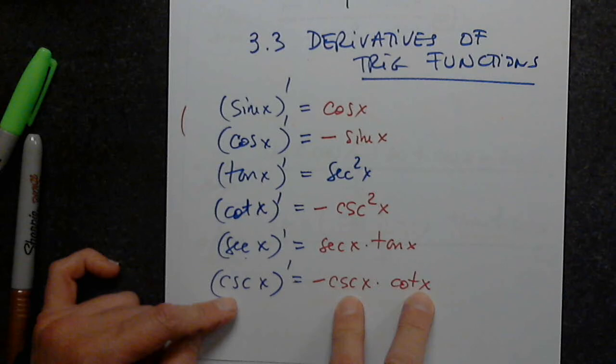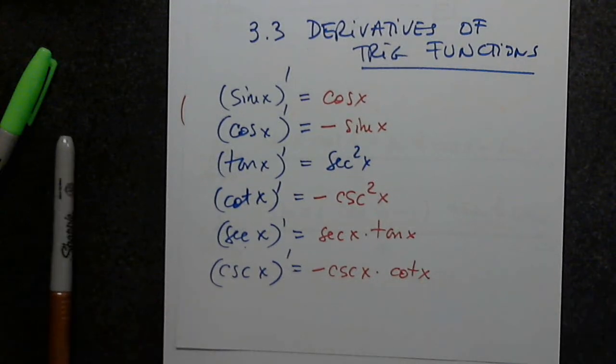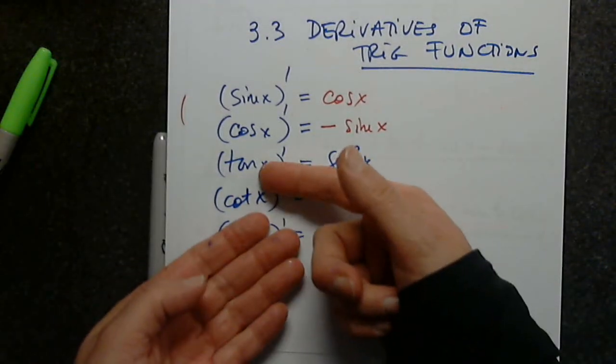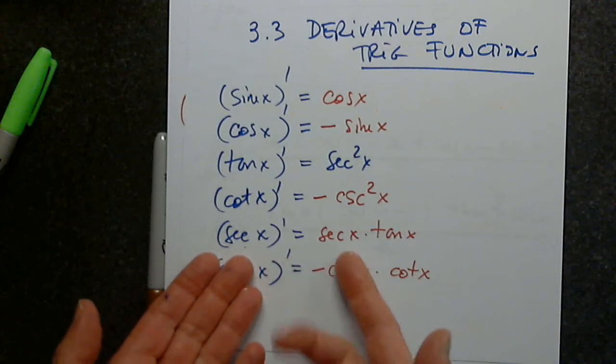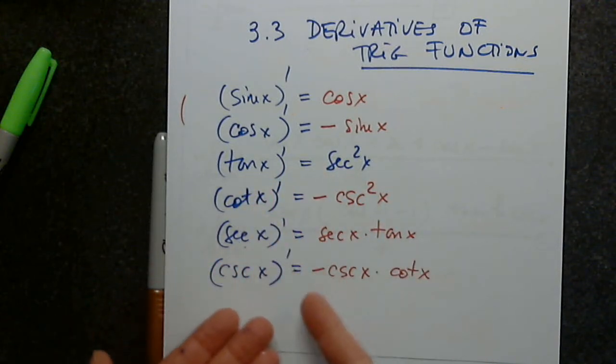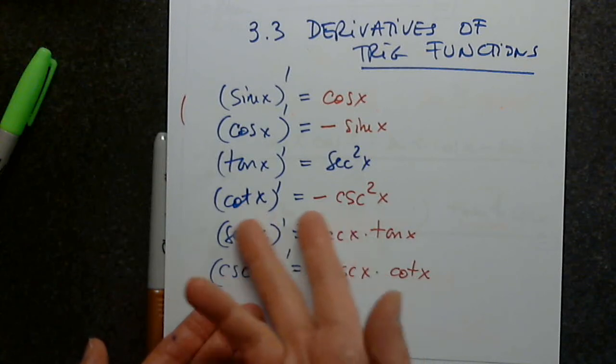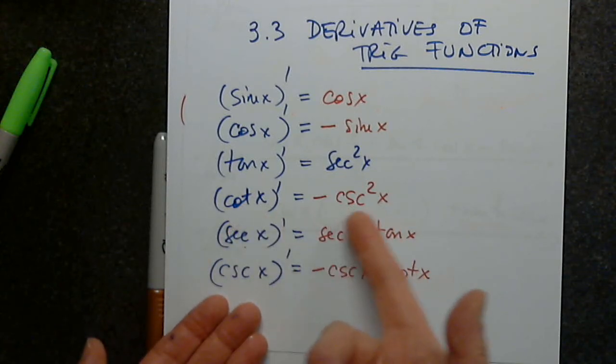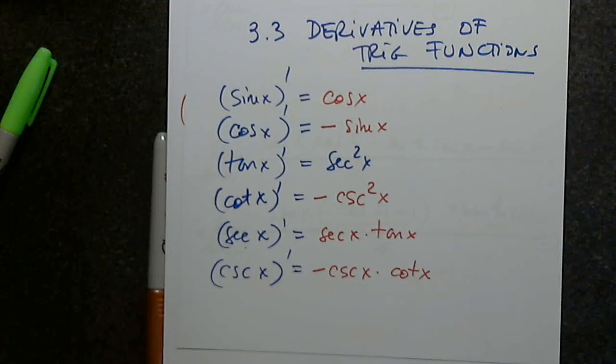Negative cosecant cotangent. So if you remember tangent prime, then you should remember that the secant is a product, secant tangent. But the other one with negative, because the cotangent prime is negative cosecant. It will save you a lot of time if you remember these, and you will eventually.